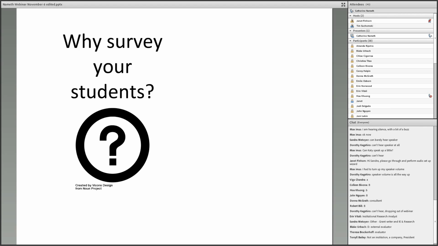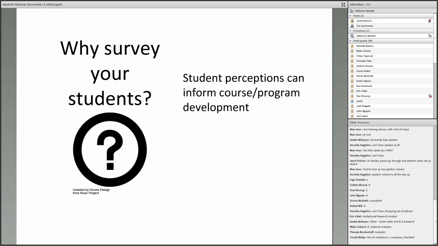So why survey your students? Why would we do this? Whether you're an instructor, an evaluator, either internal or external, a staff member. Well, I think it's because we believe that student perceptions can inform our course or program development. So students are a very important resource in our developing, refining, or redefining a course or program.